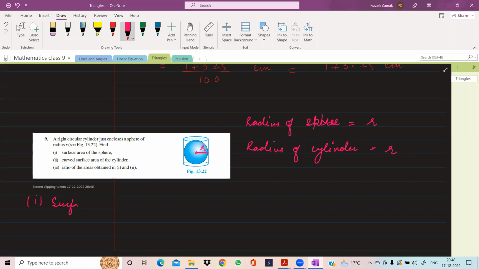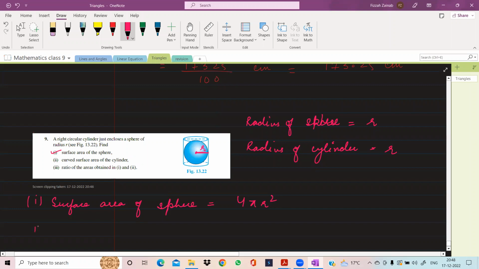Now what is the formula? Surface area of sphere. So formula is 4 pi r square, right? Okay. Is something given in the question? No. Okay, so no numbers are given, right? So 4 pi r square, right? Now, so first part we have done.